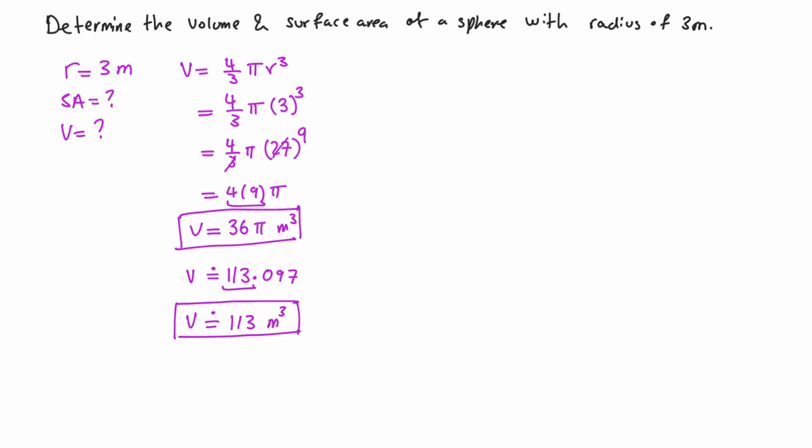For the surface area, I'm going to use the equation again. The equation of surface area is 4 pi r squared. I am going to substitute the r value of 3 into this equation. So I will get 4 pi times 3 squared.